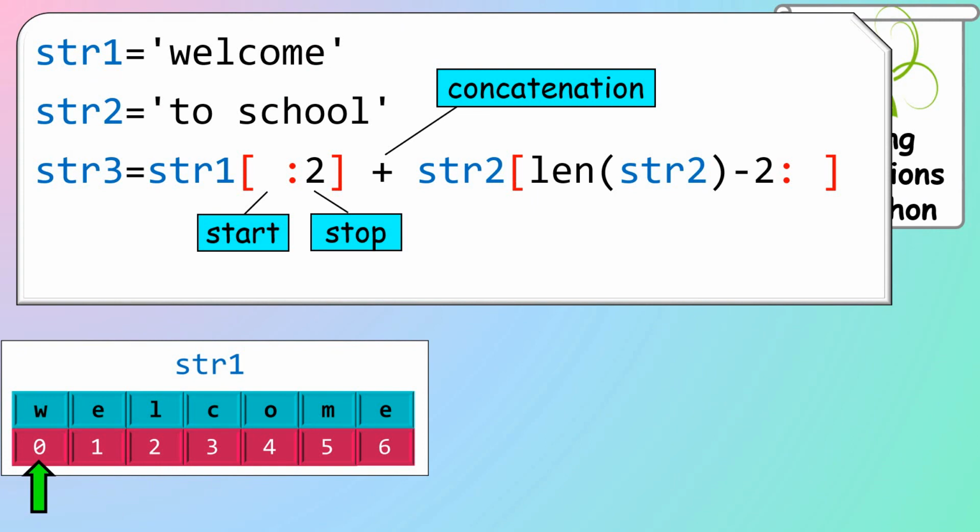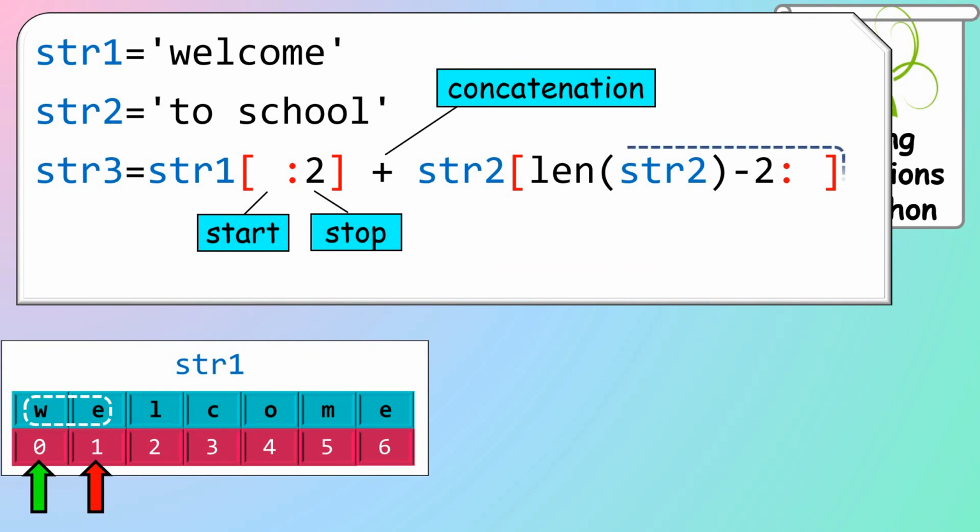That means here you have to take the index as 1, because in the statement it is 2. So in the array you should take as 1. So here the slicing operation is taking place of str1 from the index 0 to 1. So what are the characters which are coming inside 0 to 1? They are W and E.